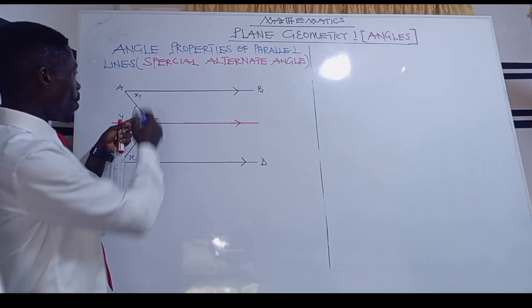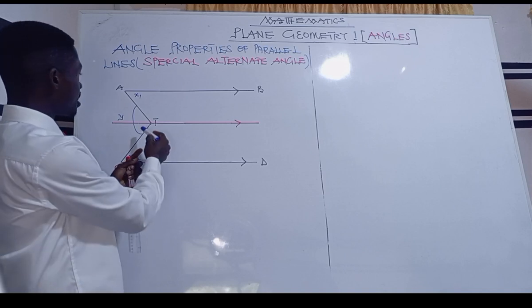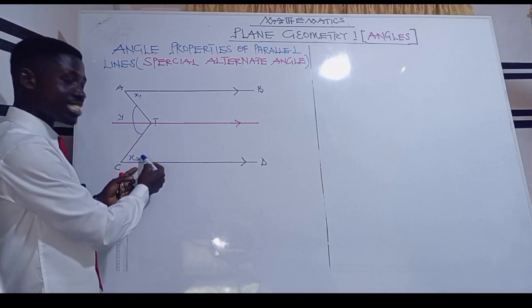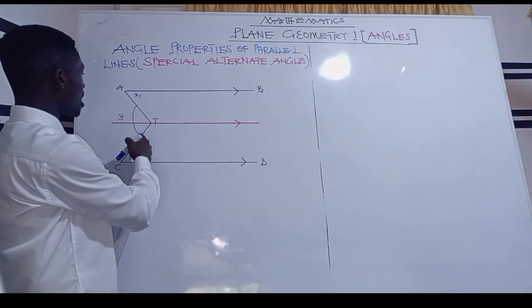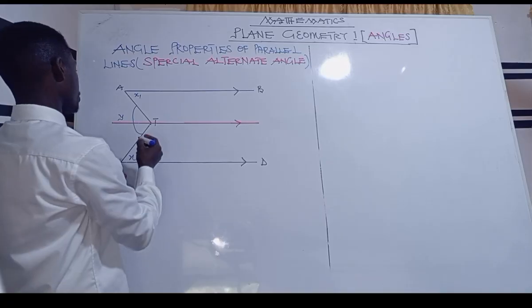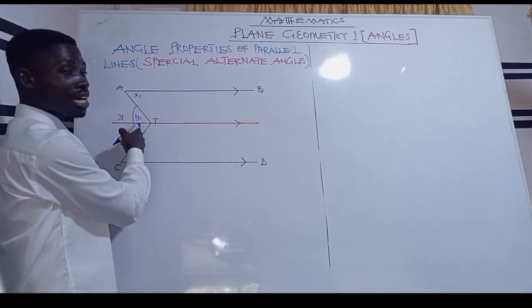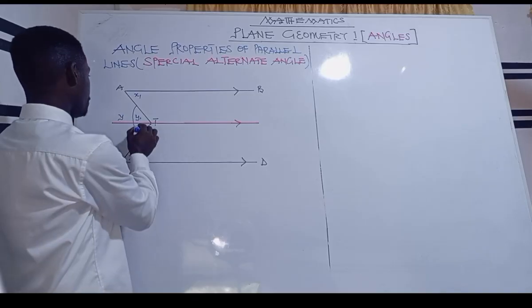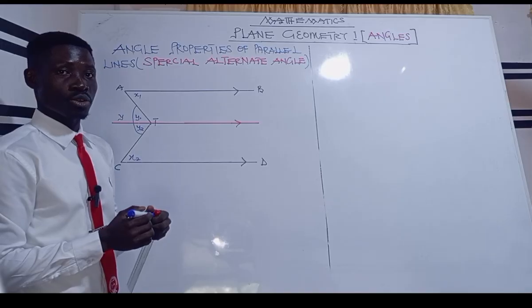Can you see that? Alternate angles. You can also see that this angle alternates with this angle. Now the whole of this angle is y, so let's call this angle y1 and this angle y2. Good. I guess you are following.